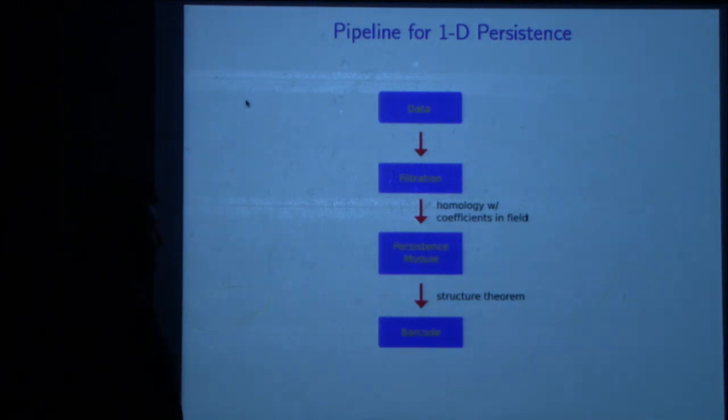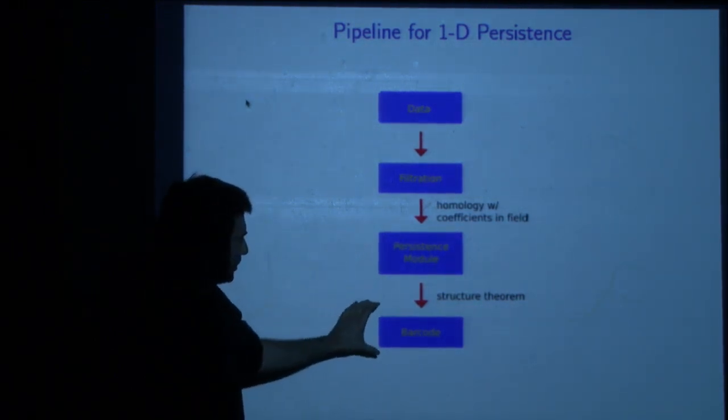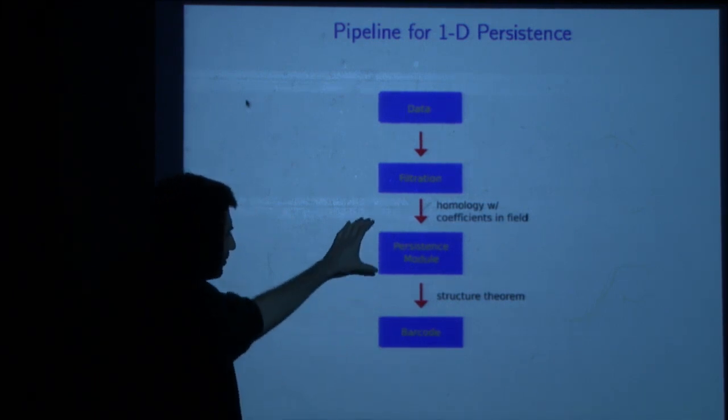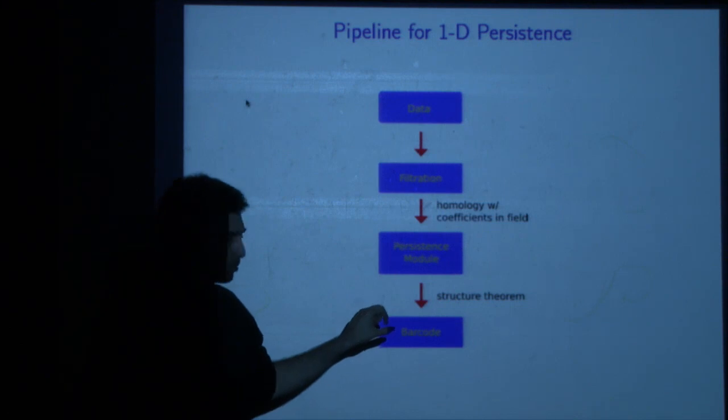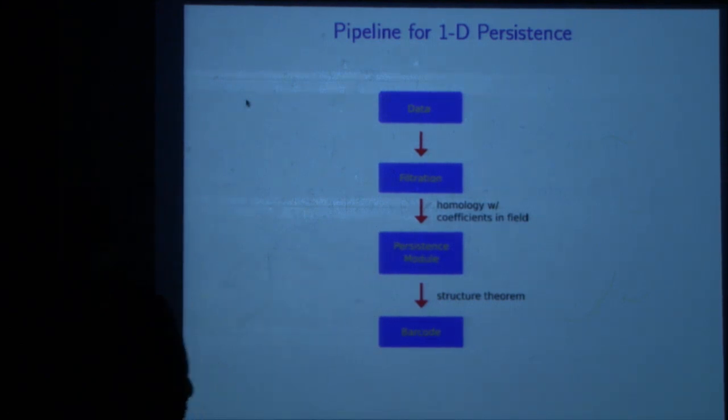And then it turns out that we have a nice, clean structure theorem for these persistence modules that realizes the barcode as a combinatorial invariant of these guys. In fact, a complete combinatorial invariant in the sense that it describes the persistence module completely up to isomorphism. And I'm going to walk you through all of these steps now in more detail.